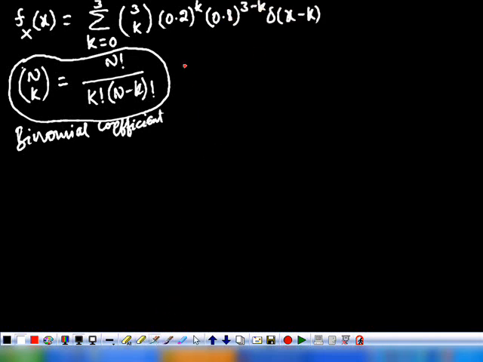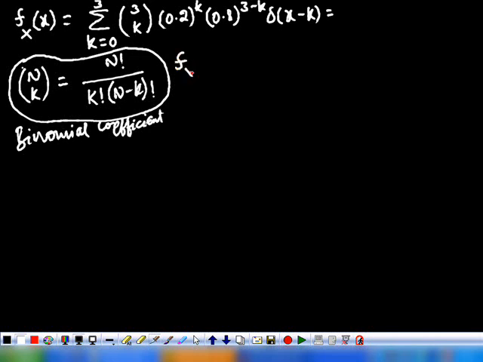First expand it, then this will be equivalent to 3 choose 0, which is 1, is it right? 1 into 0.2 power 0, 0.8 power 3. Operate the calculator and give the expression for it first.